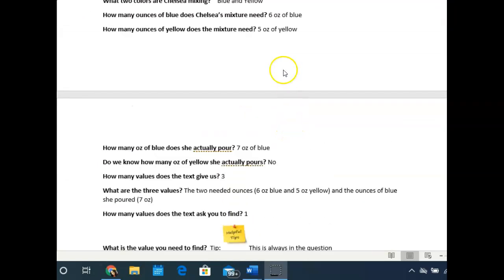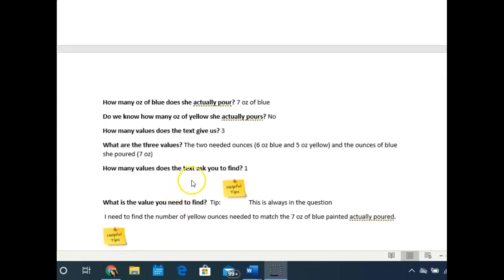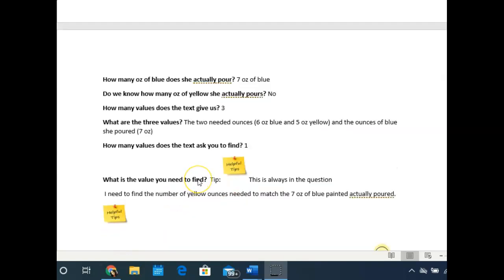Well, let's look here. We know that there's 6 ounces of blue, that's 1 value, 5 ounces of yellow, that's 2 values, and 7 ounces of blue that she actually pours. That's 3 values. And because it gives us 3 values, and it wants us to find 1 missing value, that's an indicator that we're going to set up a proportion.